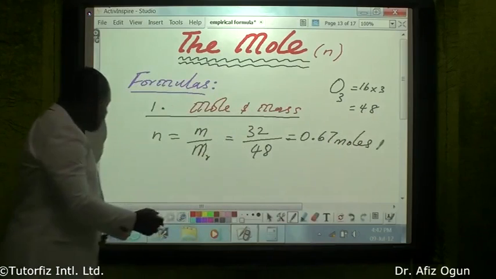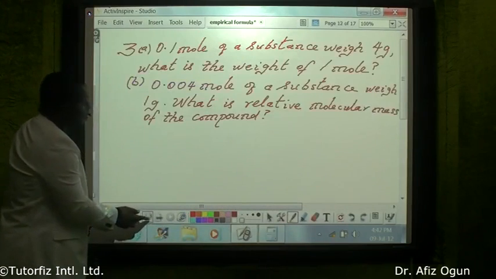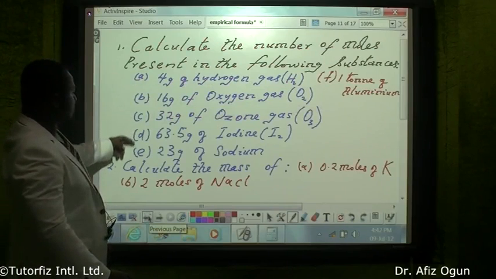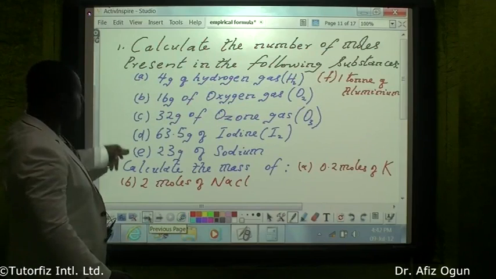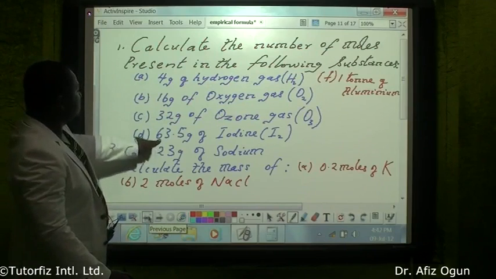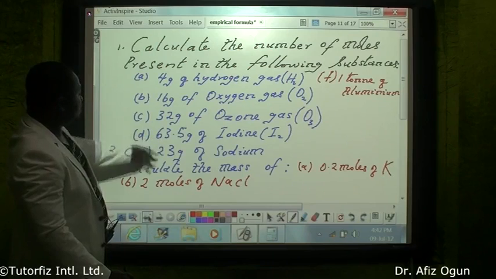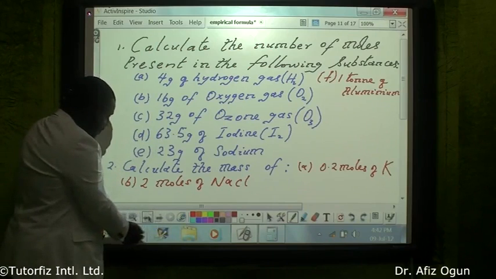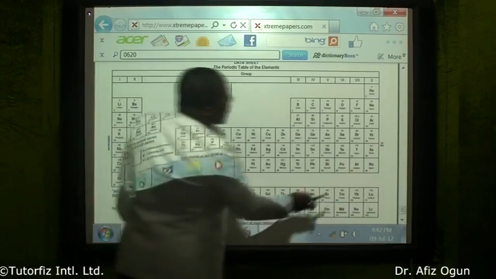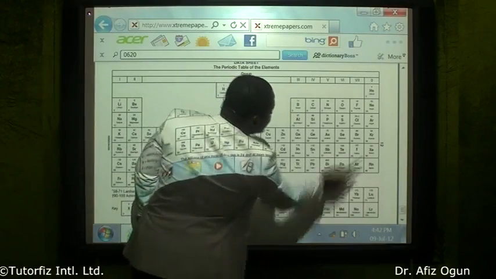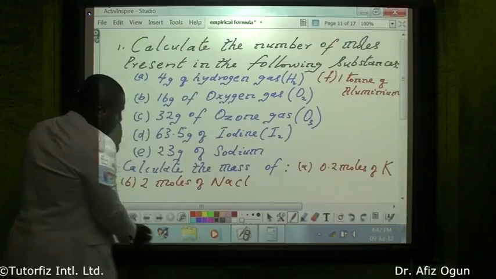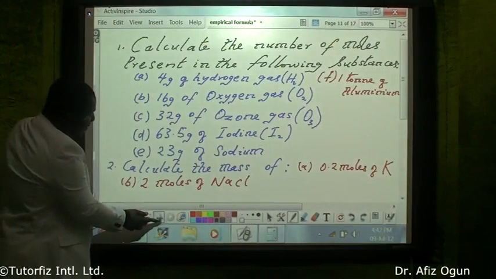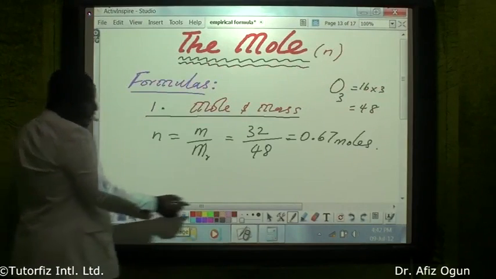Now, let me shift again. Let me go to 63.5 grams of iodine. Iodine is 127, and I want to look for the number of mole in 63.5 grams of iodine.